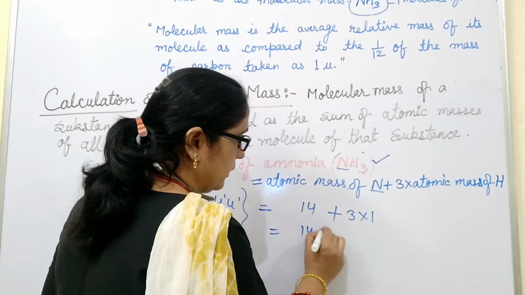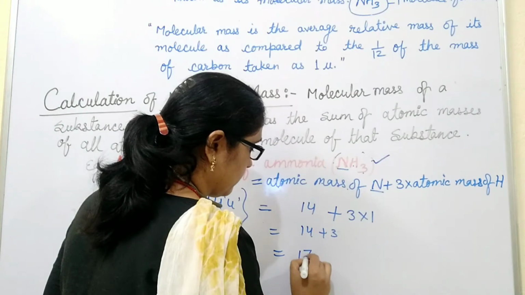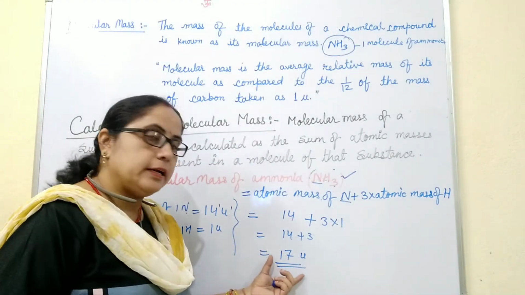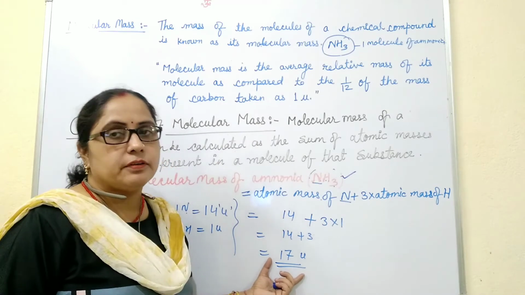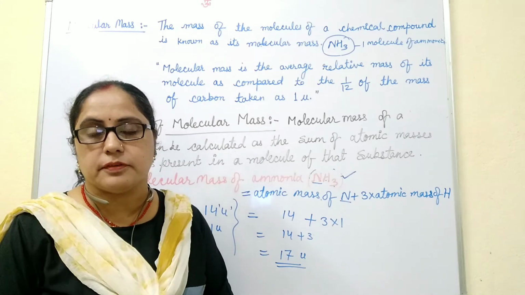That is 14 plus 3, which is equal to 17. Thus 17 units is the mass of one molecule of ammonia. In this way we can calculate the molecular mass of a given compound.